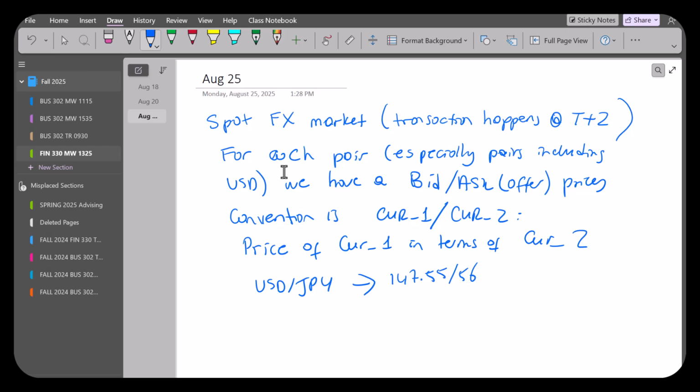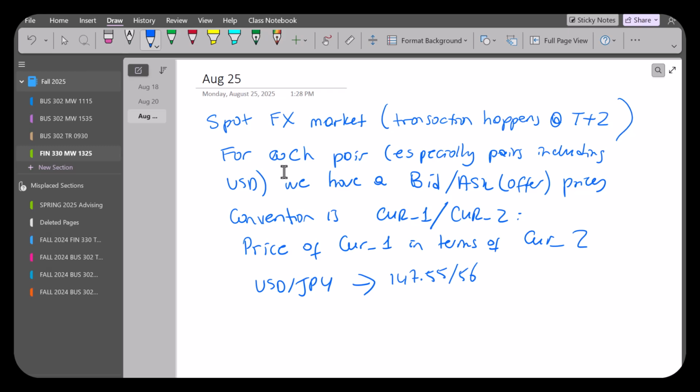I said only 56 because the first three are understood to be the big figure. Typically it varies from currency to currency, but you have 4 significant digits. In this case, 47 and 55 would be the 4 significant digits.